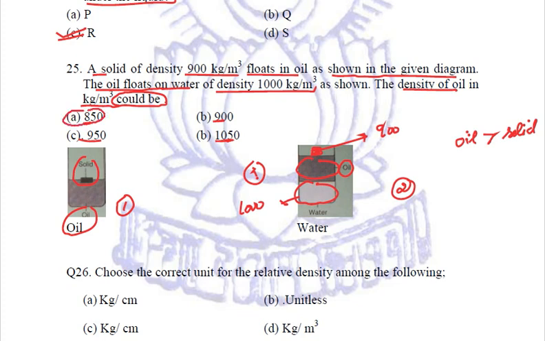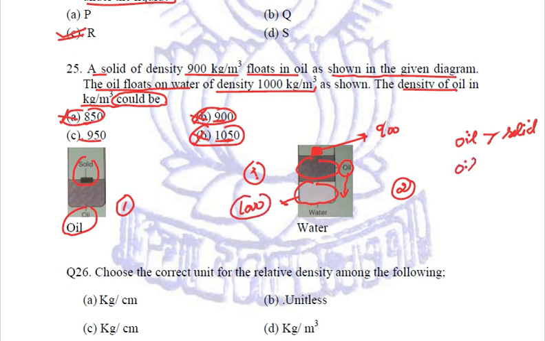So it cannot be 850. Again, it cannot be 900, because if it had been 900, the solid would not have been floating on the surface but have been submerged, right? Now, it cannot be 1050, because had it been 1050, the oil would not have floated over the surface of water.